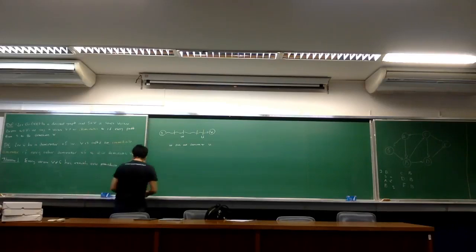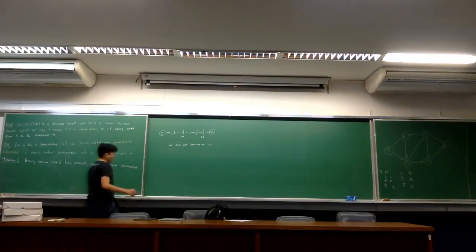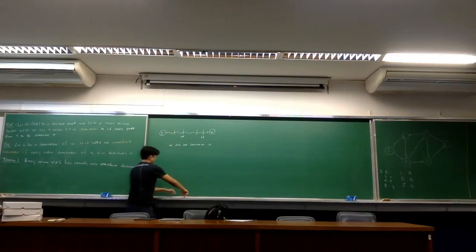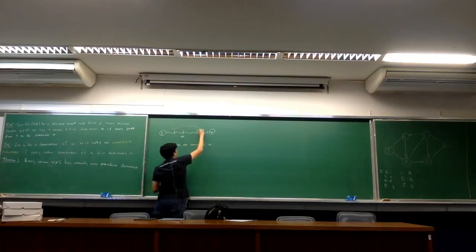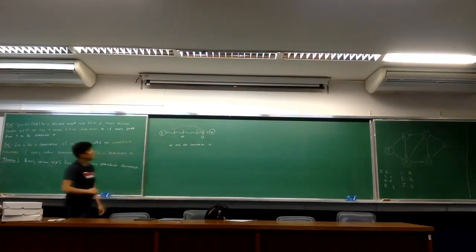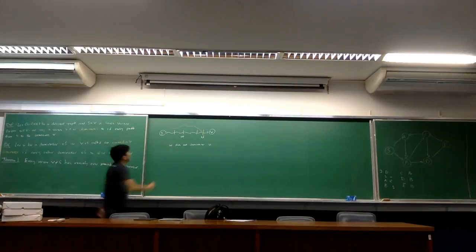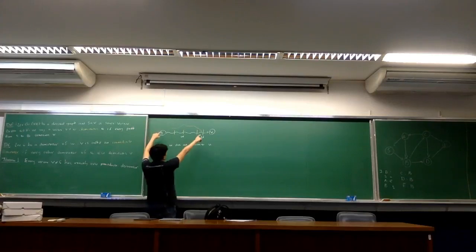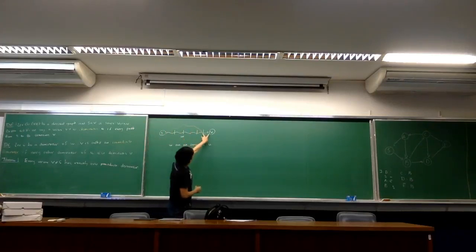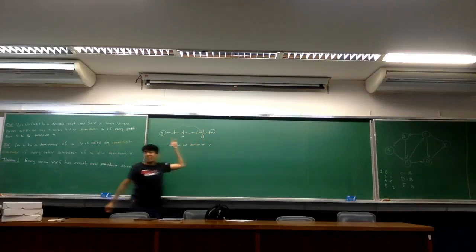So consider such a path. We know that this path does not contain W. Now consider this path that is formed by this pink path and this final part of the original path.